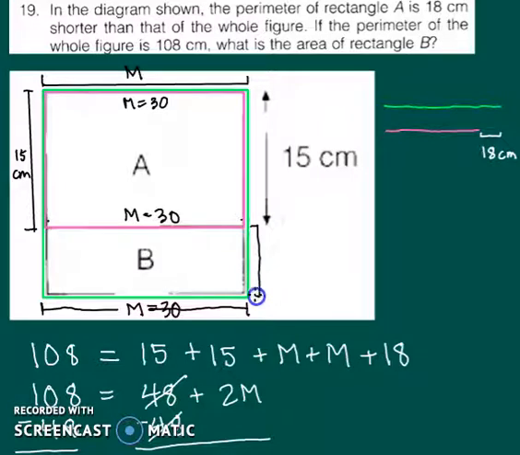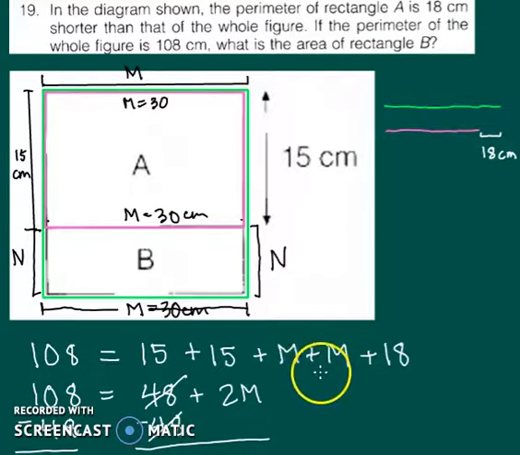I don't know yet what this dimension is here, and I'm going to call that n. So I've got length n on the right side, and length n on the left side. And I know that the top of B is 30 centimeters in length, and the bottom is also 30 centimeters.